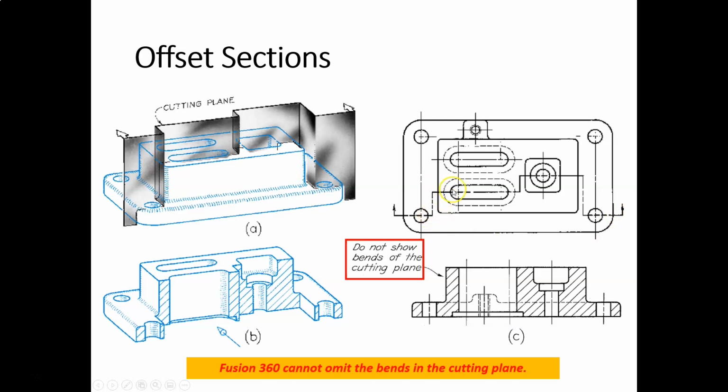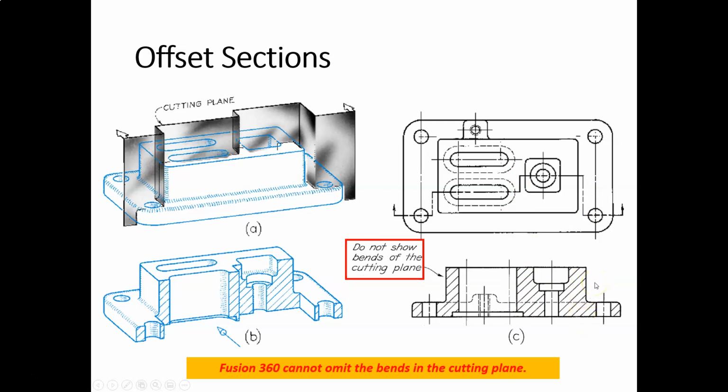Notice that each one of these turns is at 90 degrees, right? So we're not making angles. We have to cut through 90 degrees. Notice, this is very important, that at no point do we see this bend down here. Likewise, this one is not shown here, and this is not shown here.